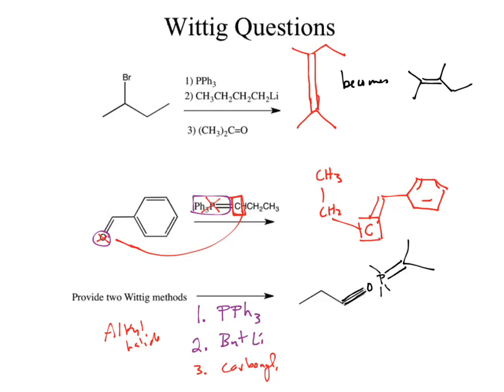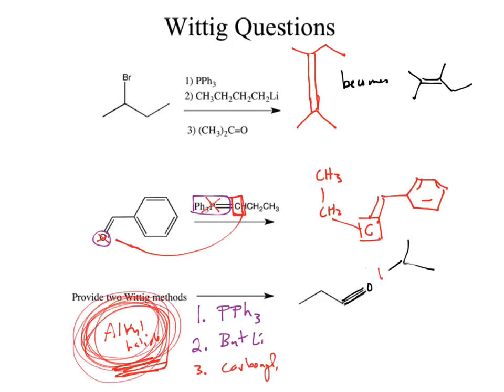But I said triphenylphosphine, so really the phosphorus got connected to that carbon because why? The carbon was positive. Why was the carbon positive? There was a leaving group. So there we go. There's one answer.